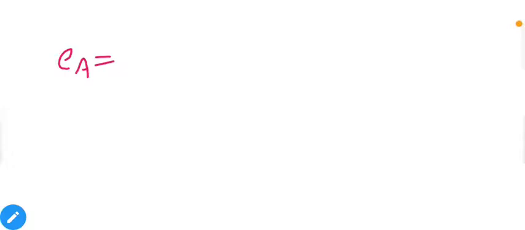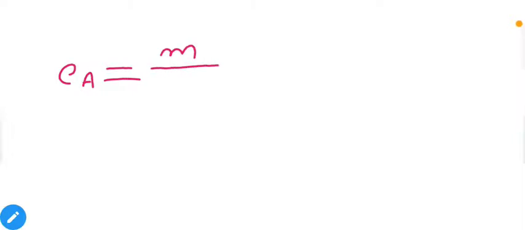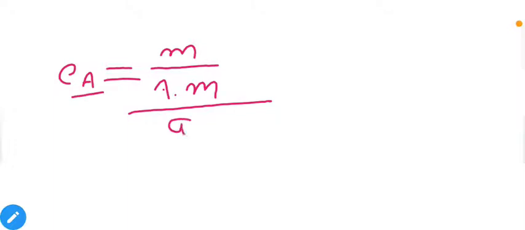So first, EA is equal to the mass of metal obtained during the electrolysis, let us call it M, divided by atomic mass, let us call it AM, divided by the n factor of the given element, that means the number of electrons required. As mentioned, for copper it is 2. Let us say for metal A this n value is A.